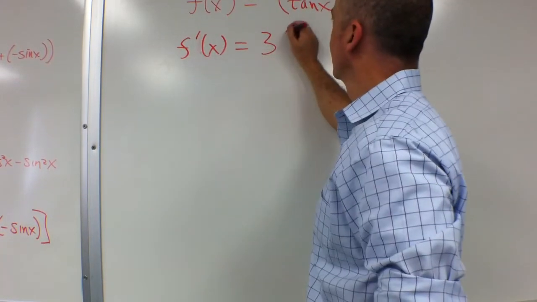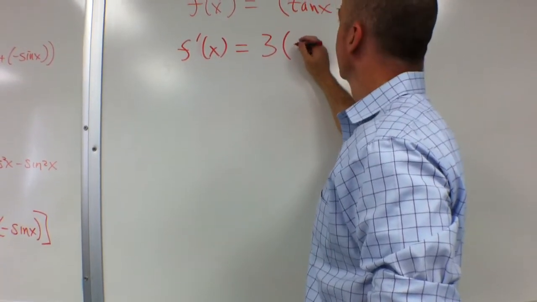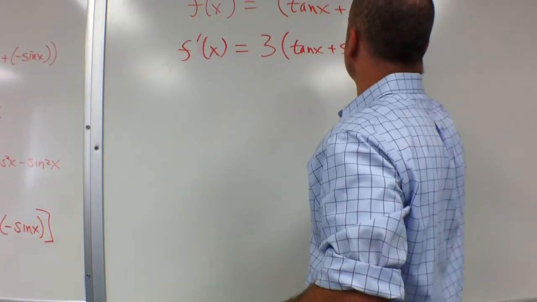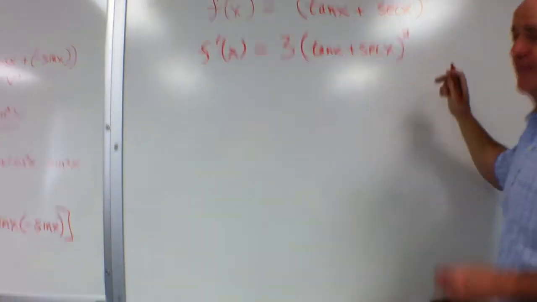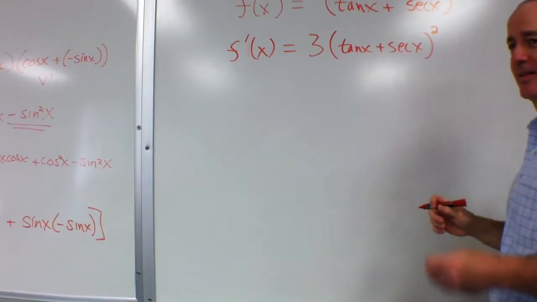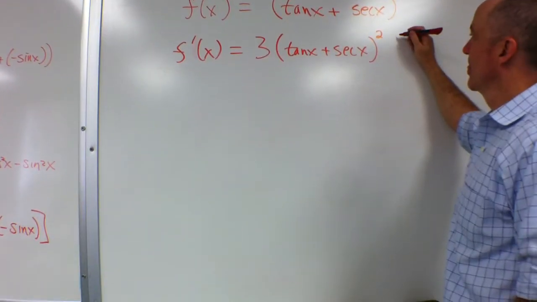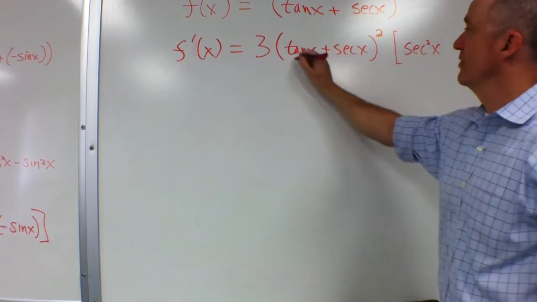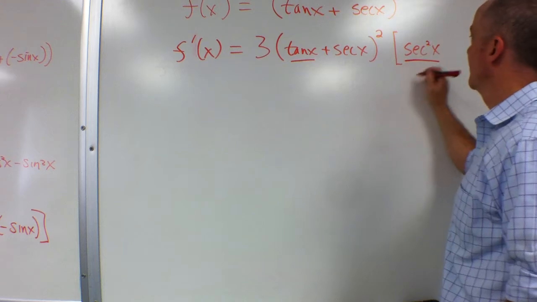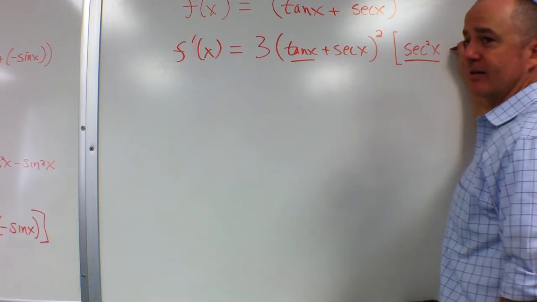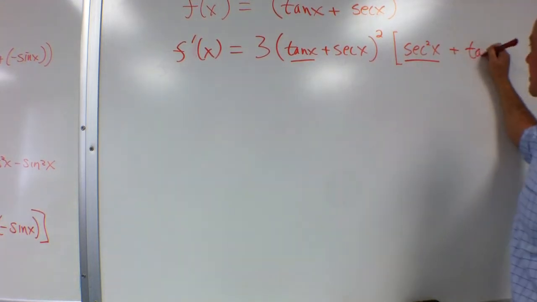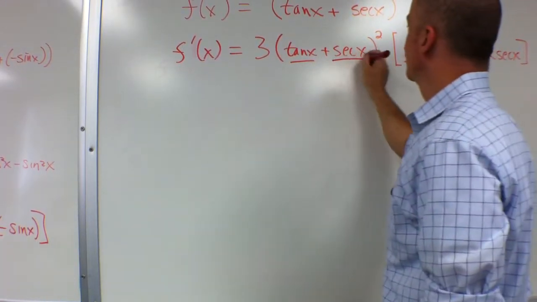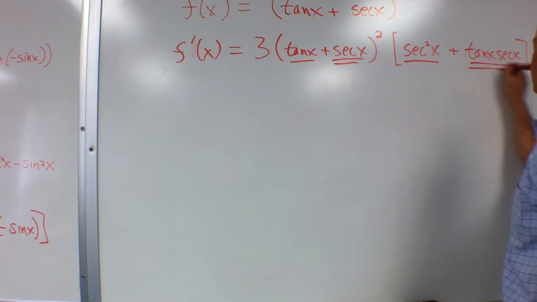Isn't it parentheses, tan x plus sec x, squared? Yeah. And then what? Sec x. Wait, secant squared. Yeah, sec squared x. Good. The derivative of tangent is secant squared. Tangent, secant. Very good. Plus tangent x secant x, because the derivative of secant x is tangent x secant x.